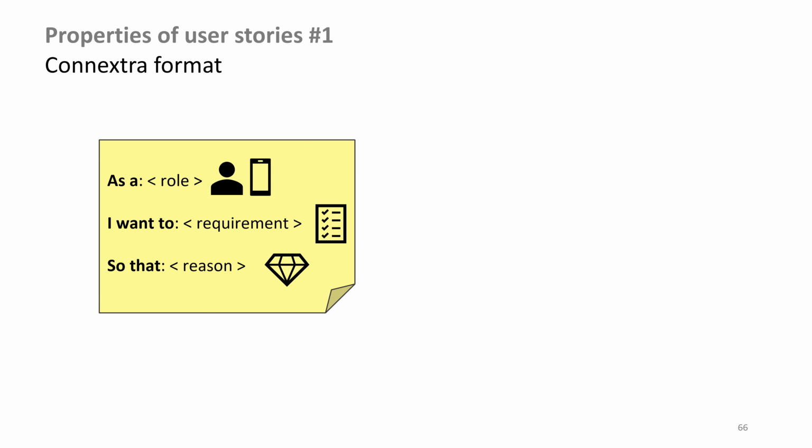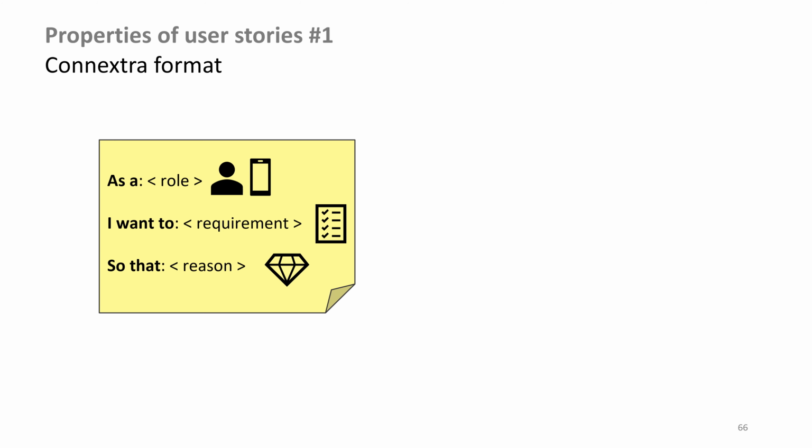To achieve this, we have user stories that describe the problem, or, in other words, give a desired direction for the solution. The ConExtra format is often used for this. This is named after the company that first used and published it. The format is written like this.